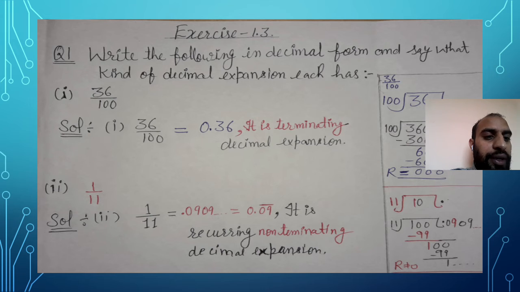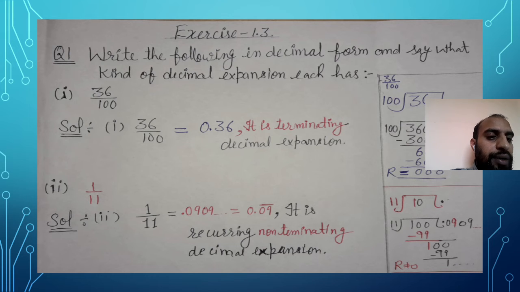Next step you can see in rough area, 11 9s are 99. Once again our remainder is 1. If remainder is 1, then the steps remain similar. 1 0 we can take due to decimal. Second 0, if we are interested to take, we need to put one extra 0 in the answer. So once again 11 9s are 99 and 1 is the remainder.